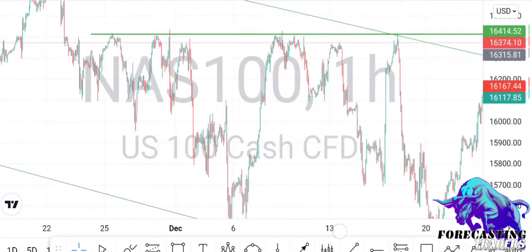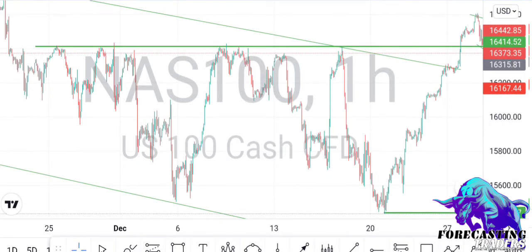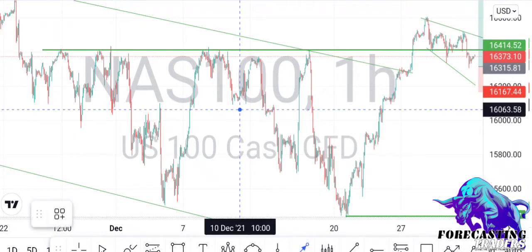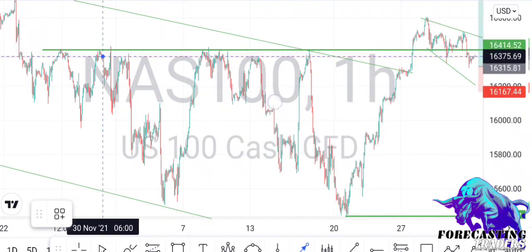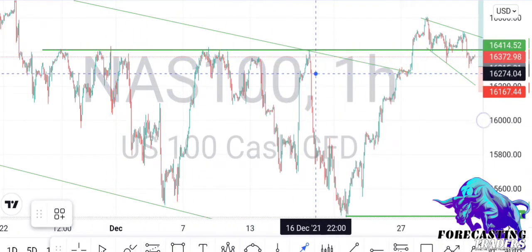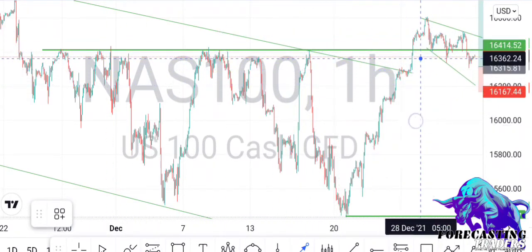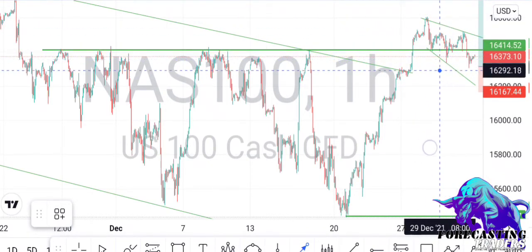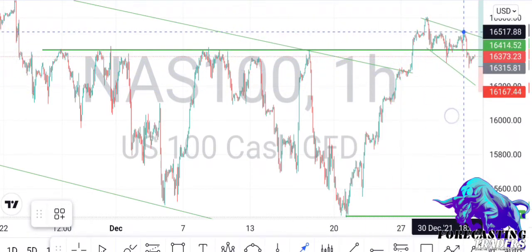We had one touch, two touch, three, and then four, five, and then here it did break out, and then it came back inside in a correction way.